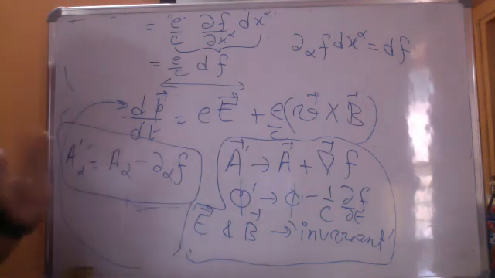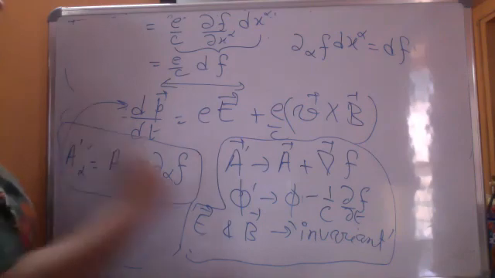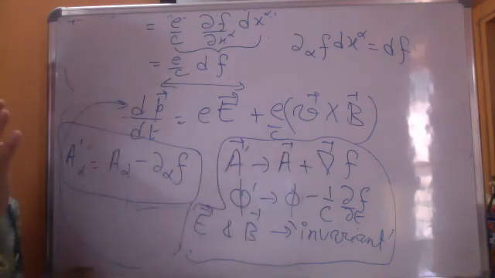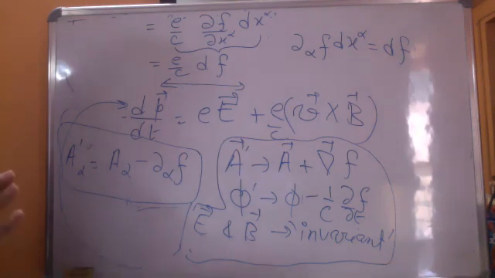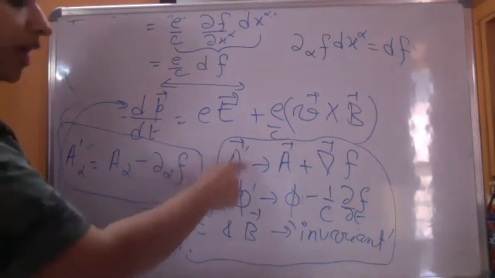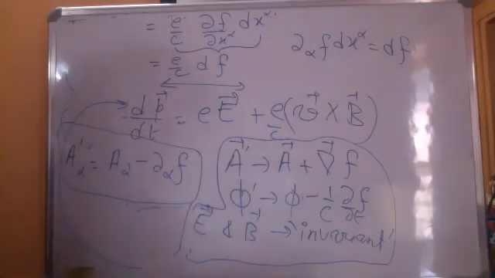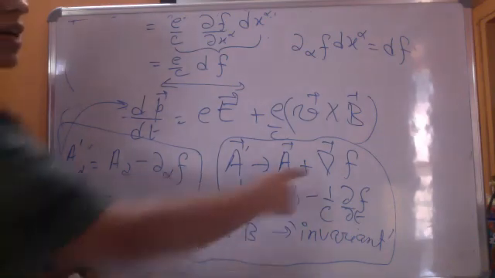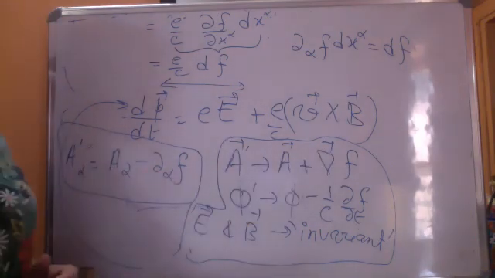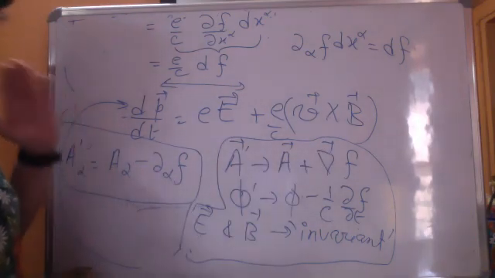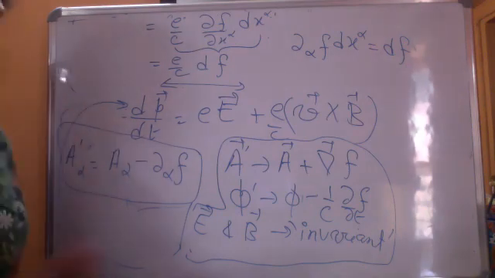Second thing, any gauge transformation will leave my equations of motion invariant. So A and phi cannot be uniquely determined, up to this arbitrary function f. You have to keep these two things in mind always.